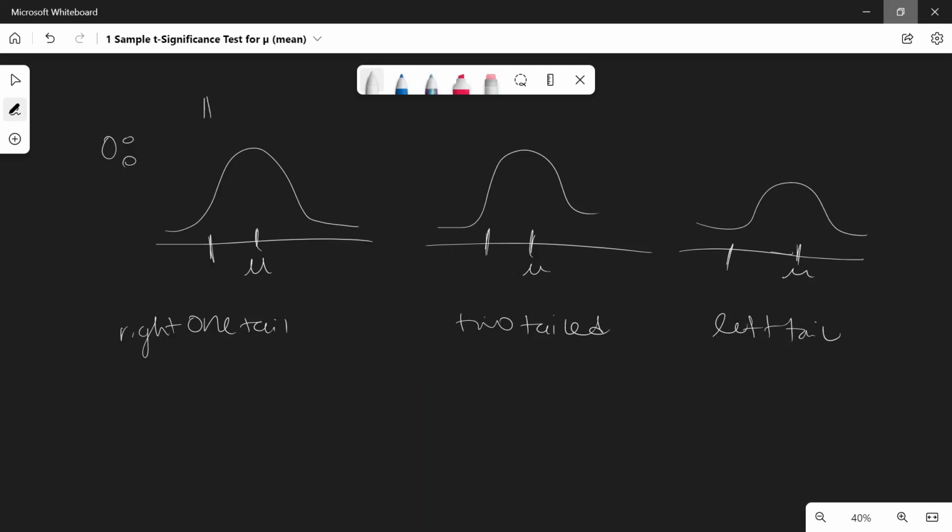When your HA is, let's say, your mu is less than a certain value, then that certain value is basically this. And this is when it's greater than a certain value.